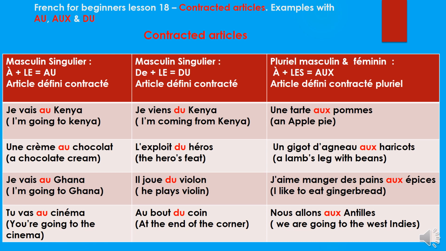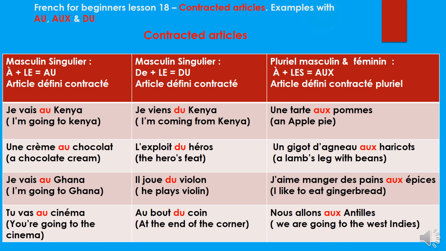In French you will find so many things like that. You will find also things like une tarte aux pommes, pain d'épices and so on. French cuisine uses a lot this contracted article, especially the au or the aux. You will see it even in desserts. In any case, let's continue.